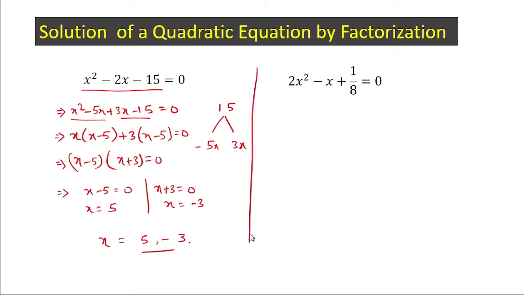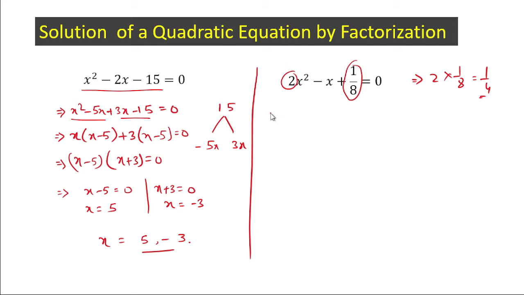Now we'll solve these questions. Here the coefficient of x square is 2 and the constant is 1/8. If we multiply 2 and 1/8, it is 1/4. We cannot factor 1/4 into two parts so that we can get the value of minus 1. So first of all, we will take the equation in standard form.